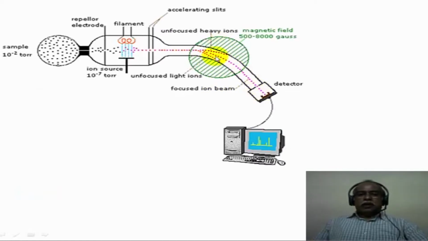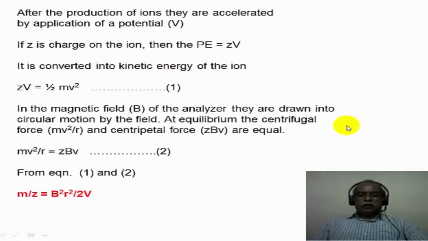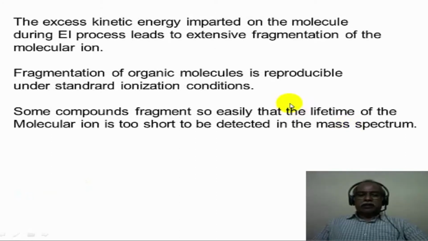The rest of the ions, which do not have the radius of curvature corresponding to the radius of the spectrometer, will get destroyed by hitting the walls of the analyzer tube. So only a fraction of the ions will pass through the particular radius of curvature, which is tuned by the magnetic field strength and the acceleration voltage.